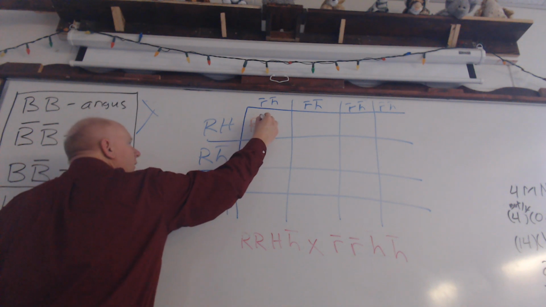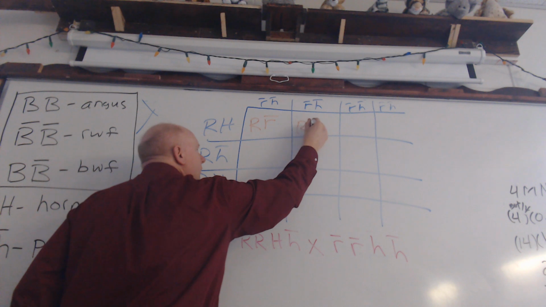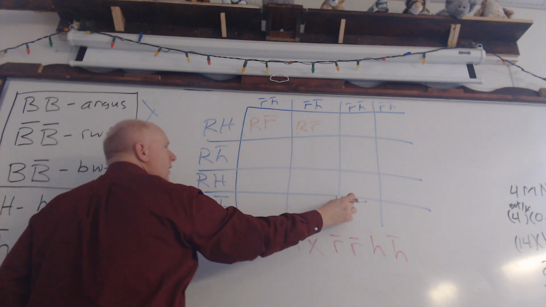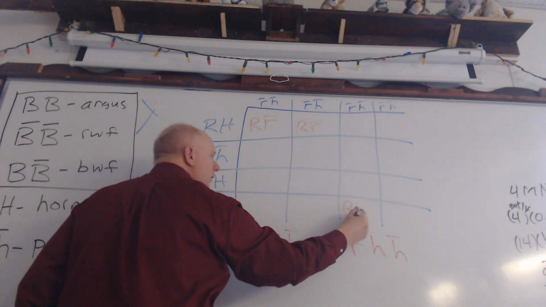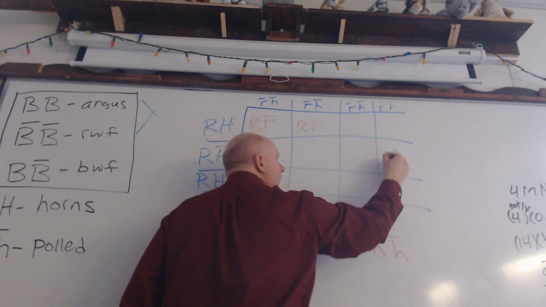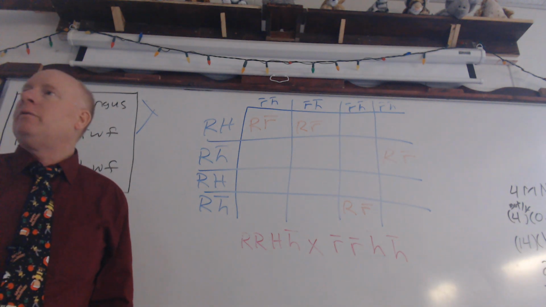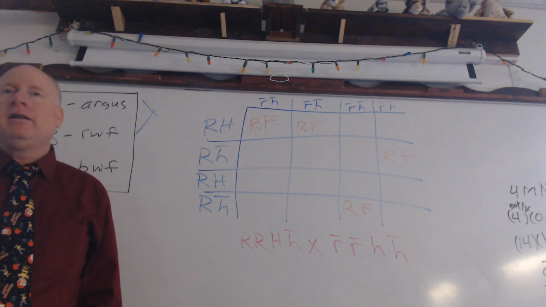Big R, small R. What about this box? What about all the way down here? How about this one? Now don't rely on that. This is just coming from lots of experience, okay?